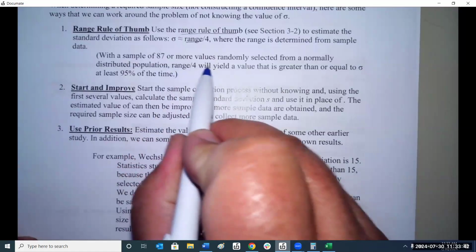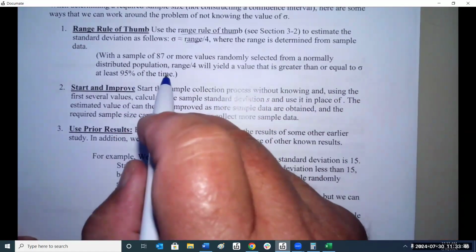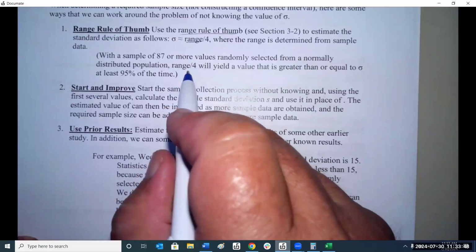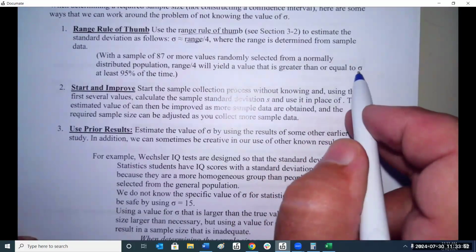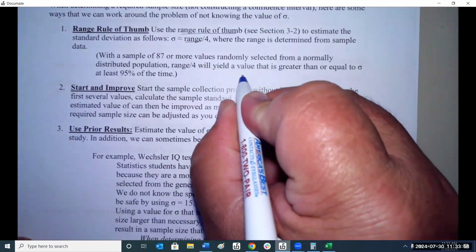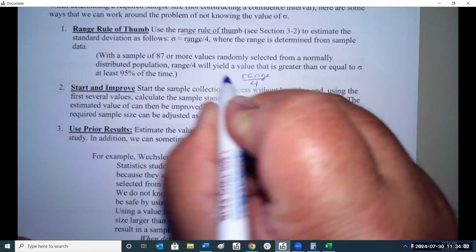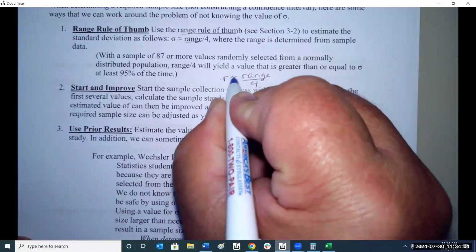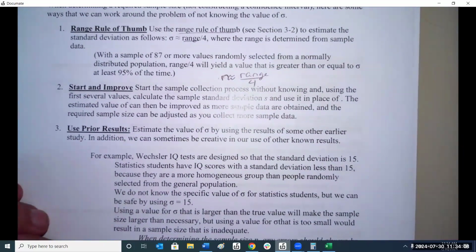With a sample of 87 or more values randomly selected from a normally distributed population, range divided by 4 will yield a value that is greater than or equal to rho at least 95% of the time. So that's one way. It's the range divided by 4. That's rho, I mean.